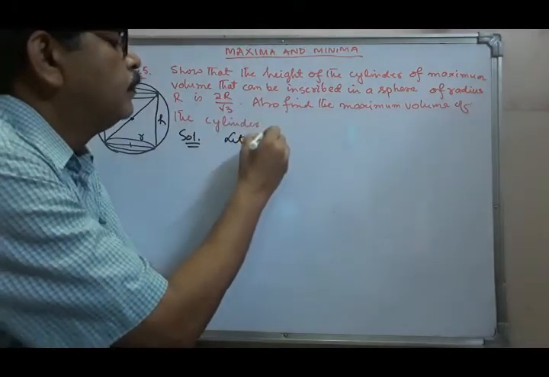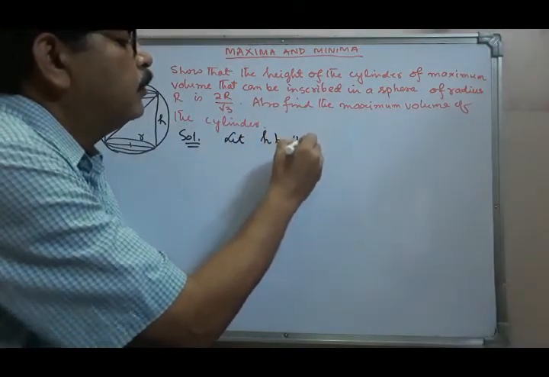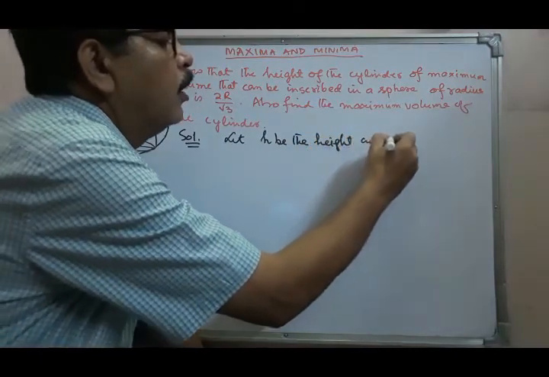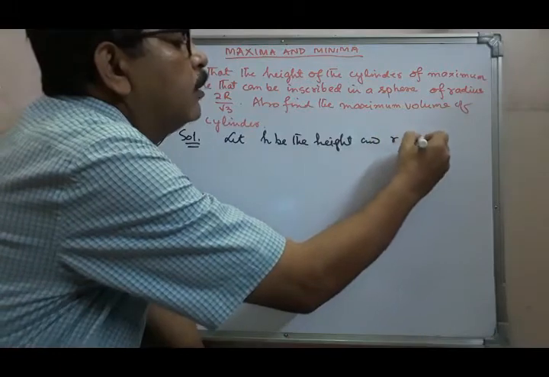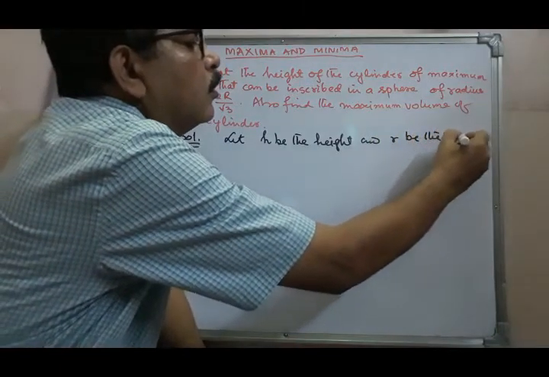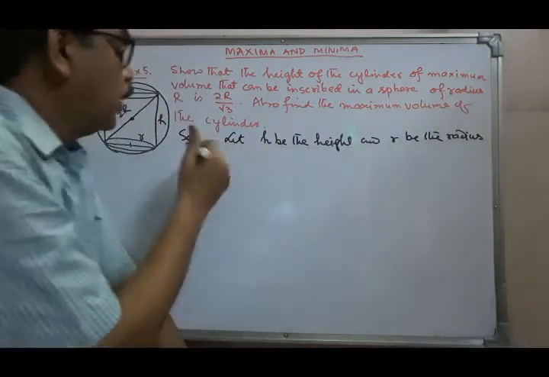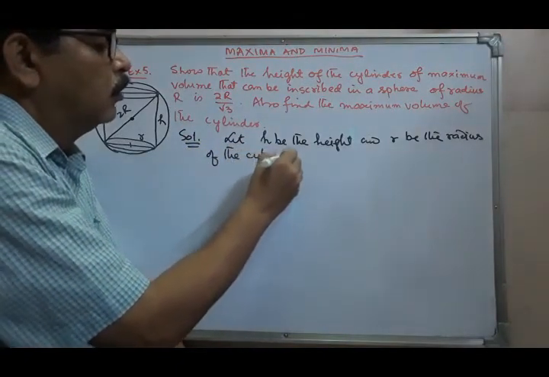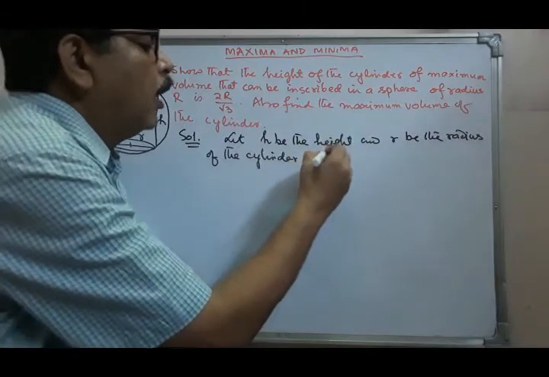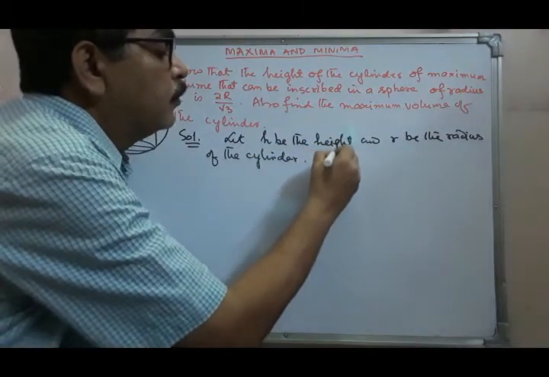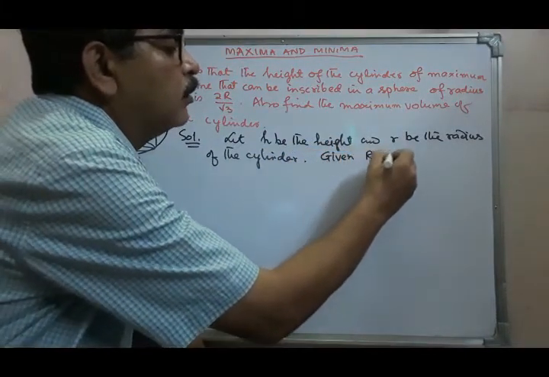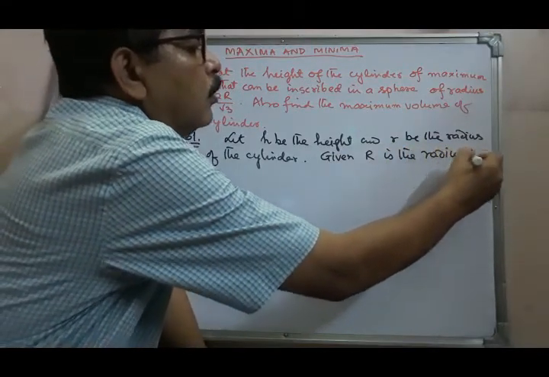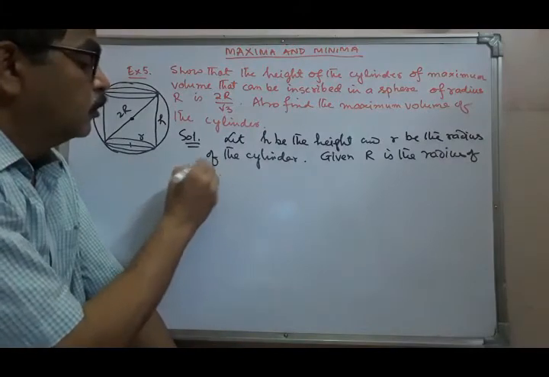Let h be the height and r be the radius of the cylinder, and it is given that capital R is the radius of the sphere.